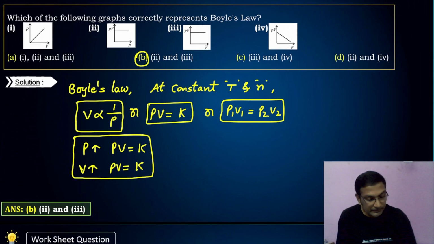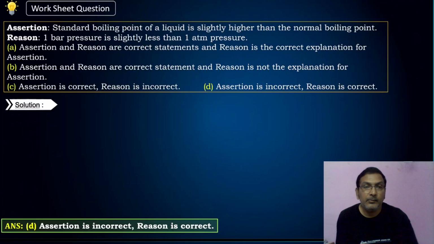Next. Assertion-reason type question. Assertion: standard boiling point of a liquid is slightly higher than normal boiling point. Reason: 1 bar is slightly less than 1 atmosphere.